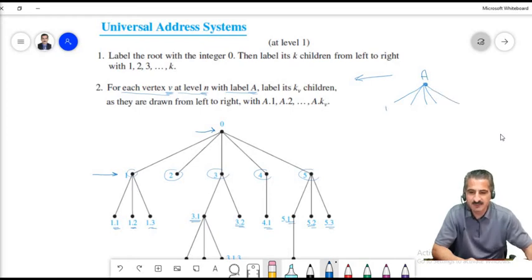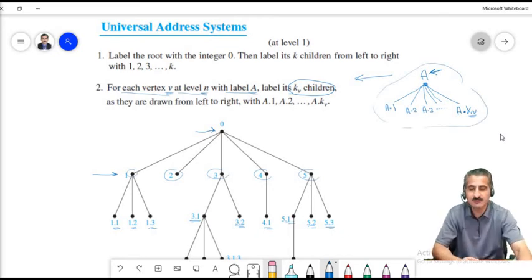Then we will call them A.1, A.2, all the way to A.3, and we assume there are some vertices, and this ends at A.KV, where by KV we mean the number of children of the vertex labeled A. So if we use this labeling in general in the tree, then we produce the tree as we see here.